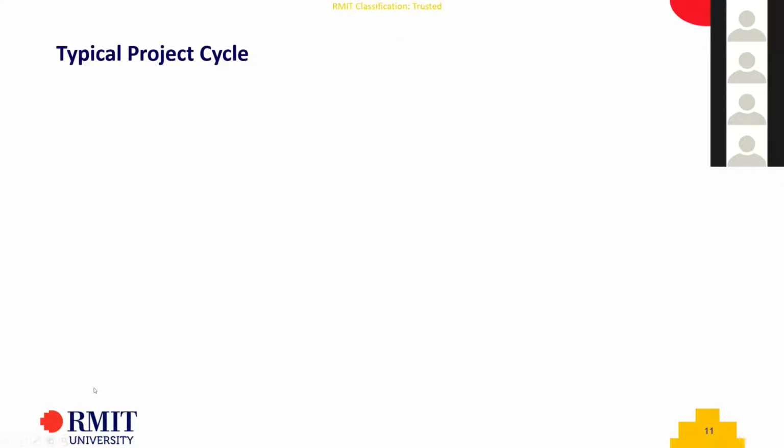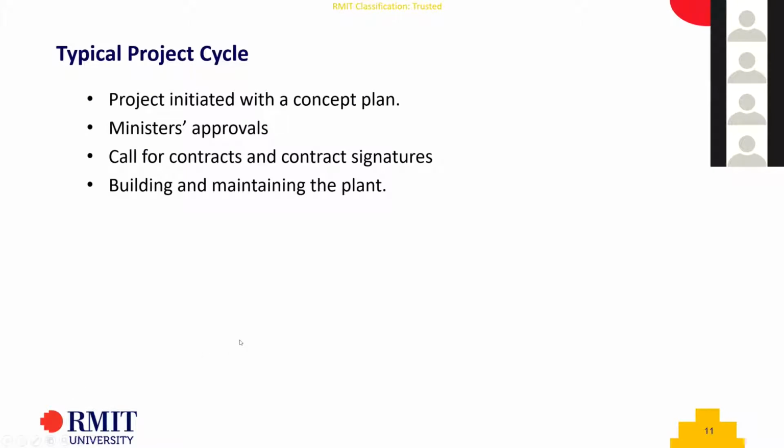Very quickly, the typical project cycle, like probably other projects: you need to initiate the project and get approvals from the federal environmental minister and also the state planning minister. And then you call for contracts and get the contract signed. And then you build and maintain the plant.